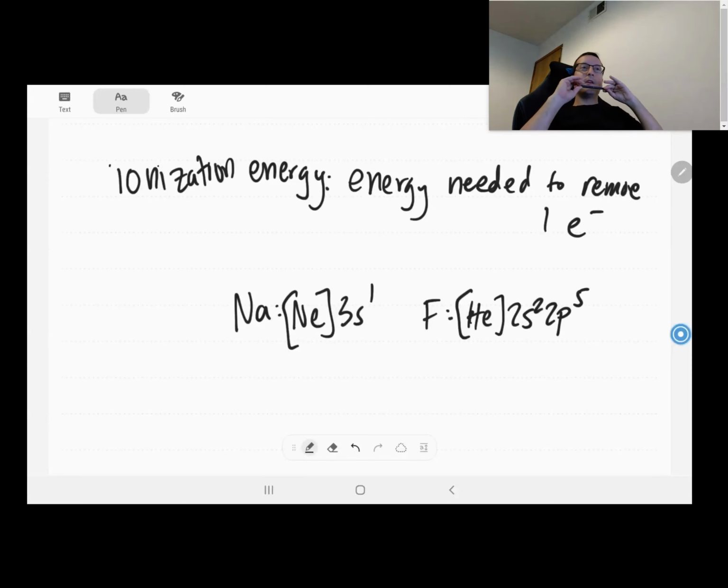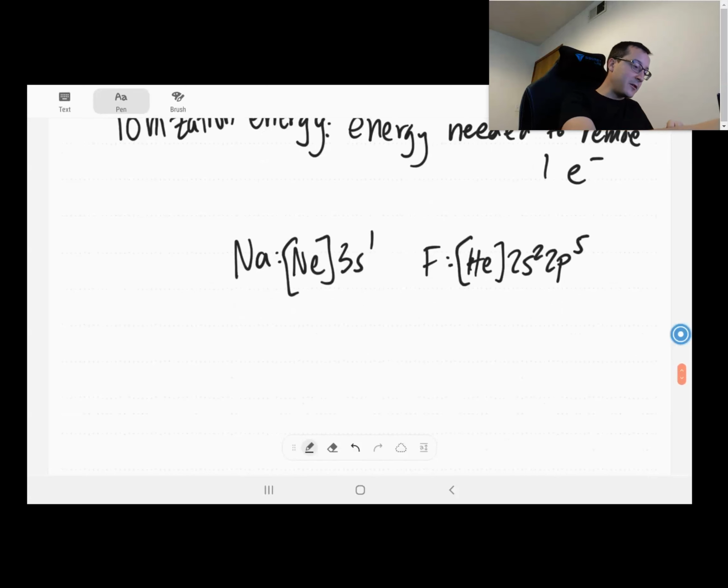Okay. If sodium loses an electron, what will happen to it? It will become positively charged, that's correct. But in terms of its electron configuration, what's it going to be? Yeah, which is the same as neon, right?